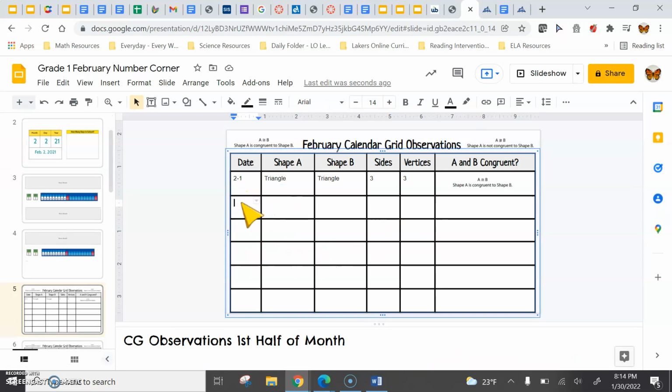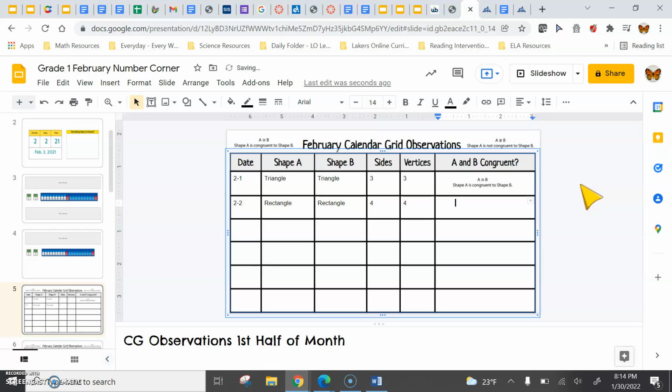So for today, we have 2-2. That's today's date. Our shape today was a rectangle. This month's calendar will definitely remind us of those different shapes and the proper name for them, which is very important. 4 sides on a rectangle, 4 vertices.